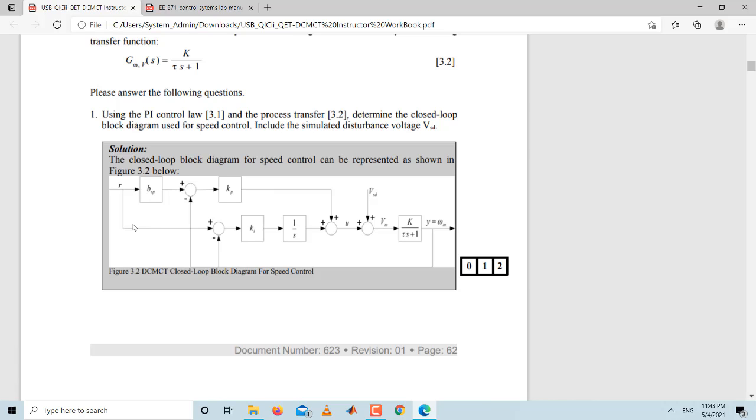So as I said, we are using the PI control law 3.1, which was the equation of u of t, in which you see that the reference input was being multiplied with a constant BSP, and then the difference of reference and the output Y was being multiplied with the constant gain Kp, the proportional gain Kp.